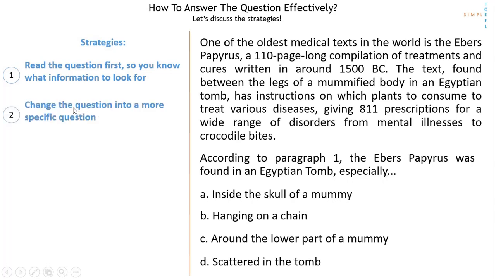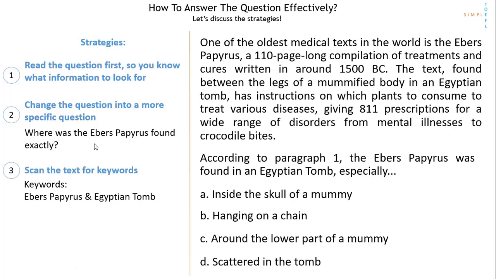So change the question into a more specific question. The question actually asks where the Ebers papyrus was found in an Egyptian tomb. So we can say: where was the Ebers papyrus found exactly?